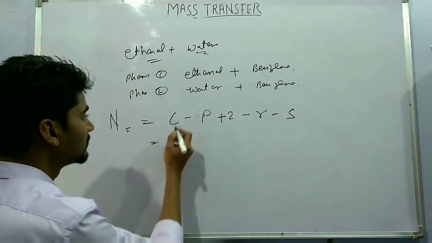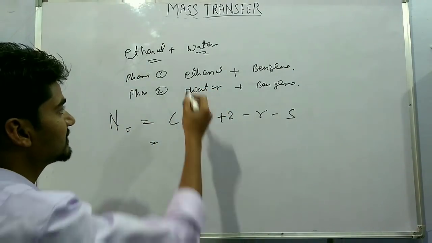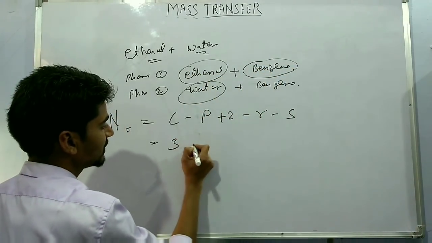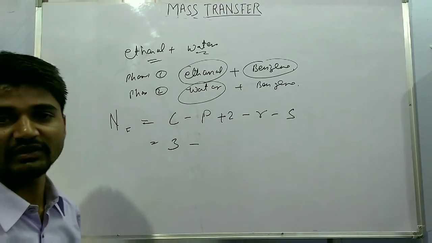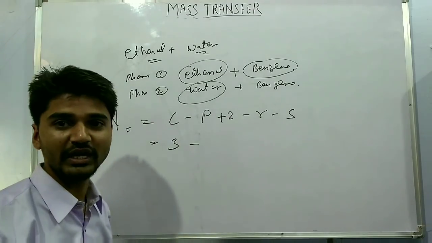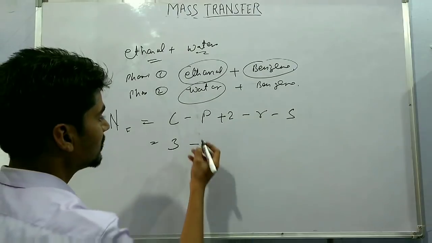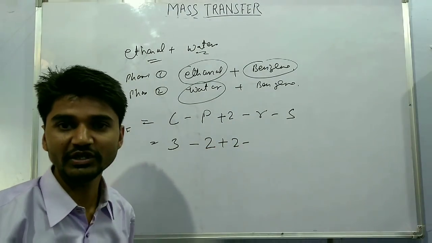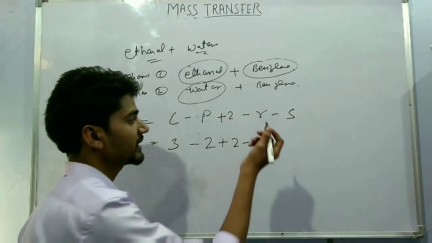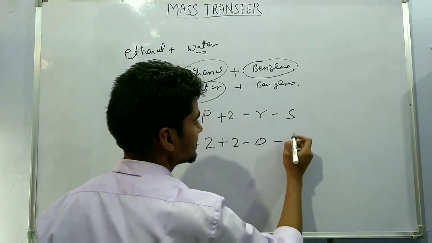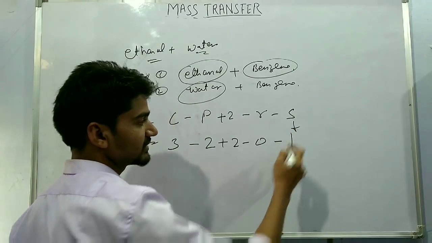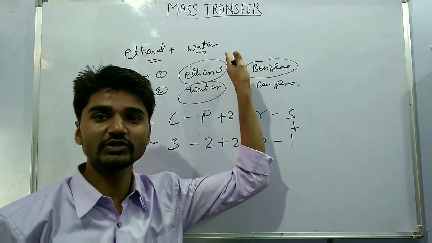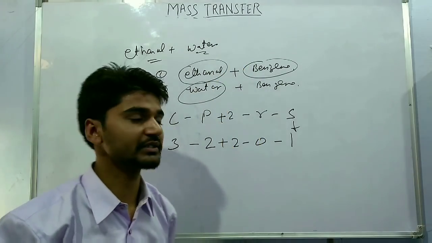So we have C, the number of components, as 3: ethanol, benzene and water. So 3 minus the number of phases, which are given as liquid and vapor, as both can be present, so 2, plus 2 minus R. As there is no reaction taking place in this system, we consider R as 0, and minus S. S is the special constraint whose value is 1 because of the azeotropic formation of the ethanol and water system.